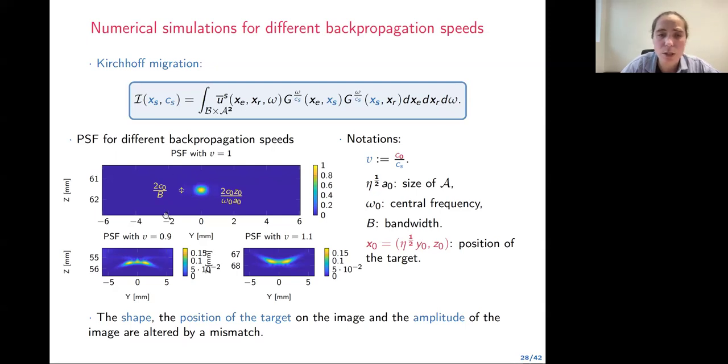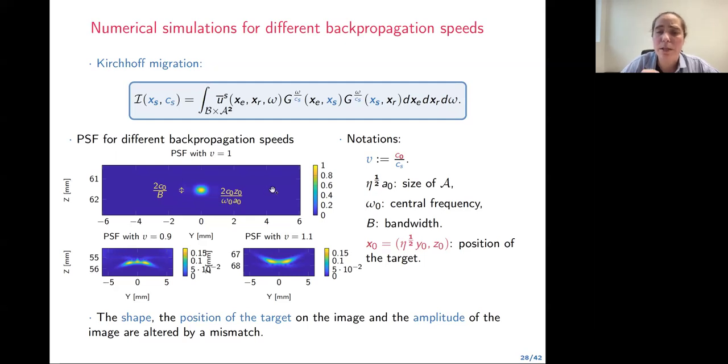So you know that the longitudinal resolution is given by B over C0, and you know that the axial resolution is given by, so A0 is the size of the array, omega 0 is the central frequency, C0 is the speed, and Z0 is the depth of the reflector.